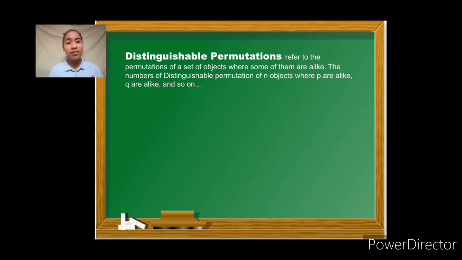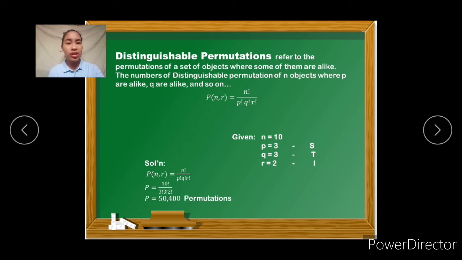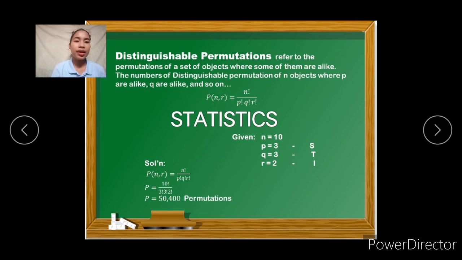The number of distinguishable permutations of n objects where p are alike, q are alike, and so on. So the formula for distinguishable permutations is permutation of n objects taken r at a time is equal to n factorial over p factorial times q factorial times r factorial.